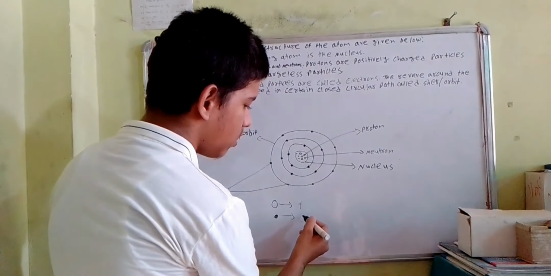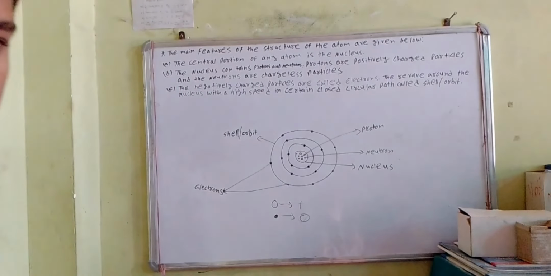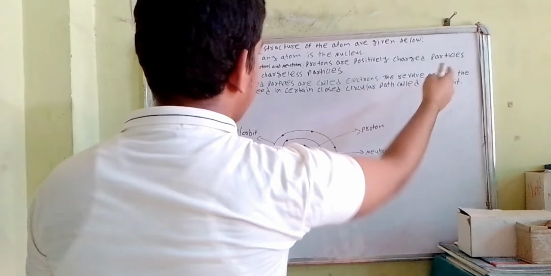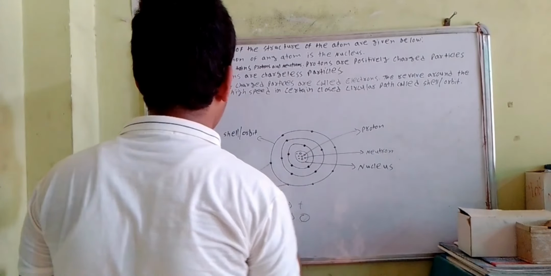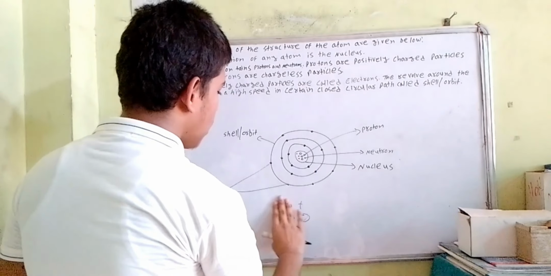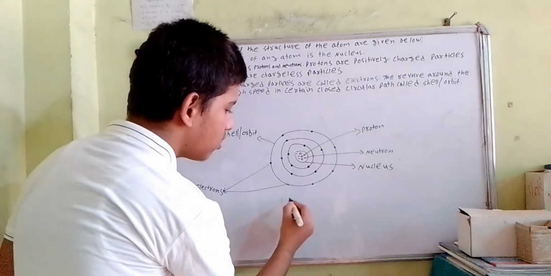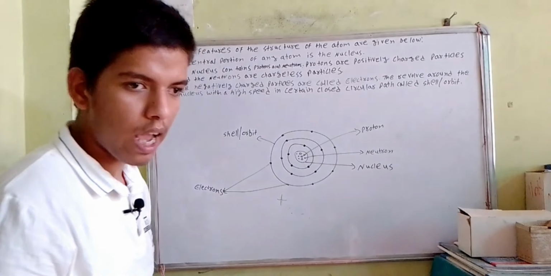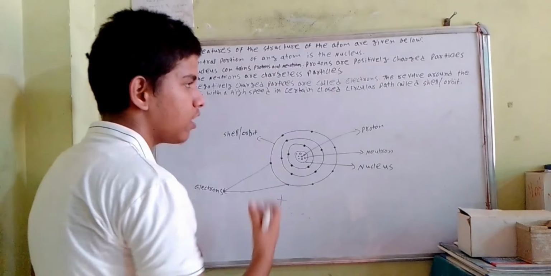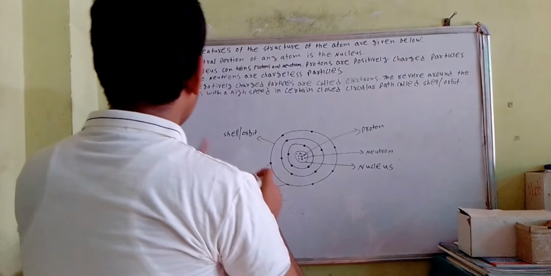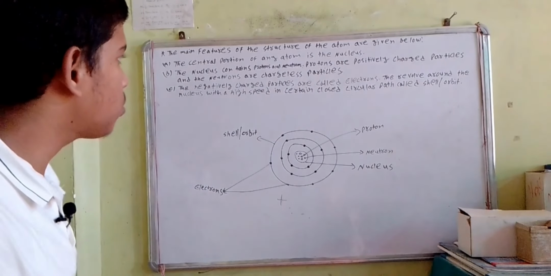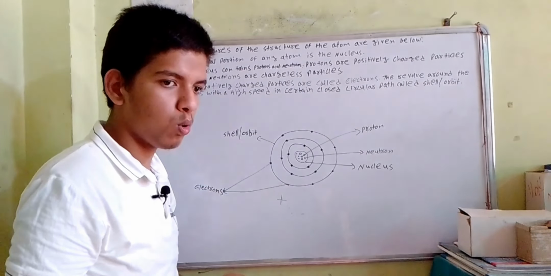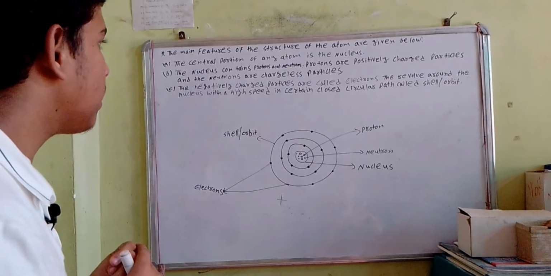So a particle which has a positive charge is called a proton, and neutrons don't have any kind of charge. Protons and neutrons are located in the nucleus. The nucleus contains protons and neutrons, and protons are positively charged particles, and neutrons are chargeless particles.